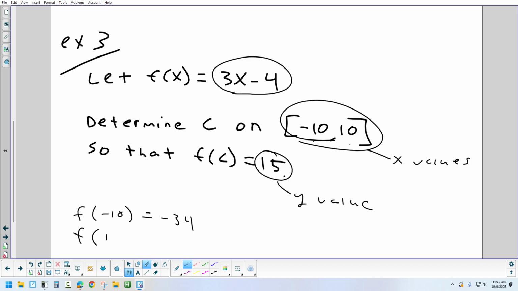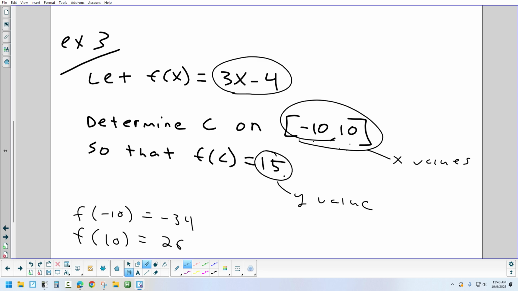And what do you get if you plug in +10? 26. So as I travel on this graph from -10 to +10 on the x-axis, what are the y values I'm going to travel through? Yep, -34 and 26.